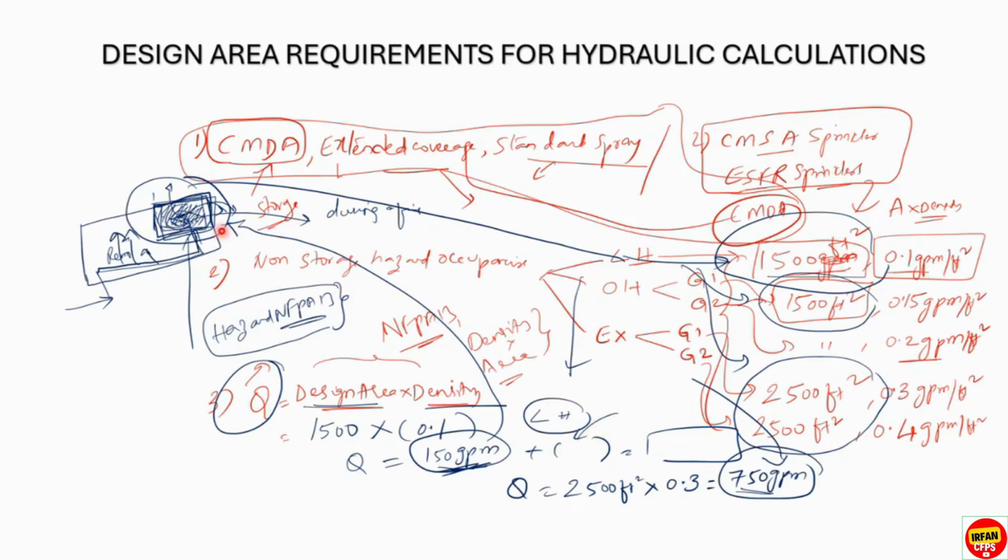But for a moment, hose allowance will not be considered if your pump is dedicatedly supplying the sprinklers and there is no standpipe system, fire hose cabinets or landing valves in the building. If the pump serves only the sprinkler system, then we can ignore the hose allowance. Otherwise, under normal circumstances, we have to add hose allowances to the sprinkler demand. Okay, now let's move on to the main topic.